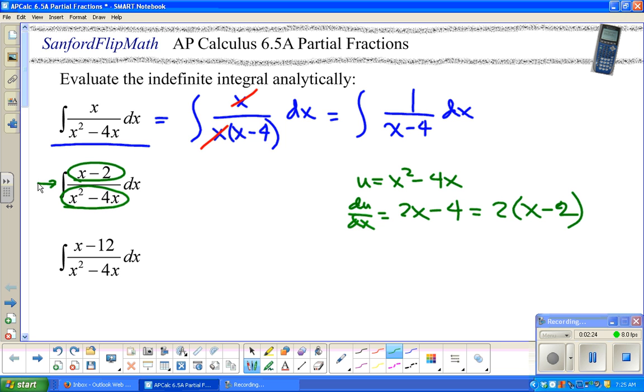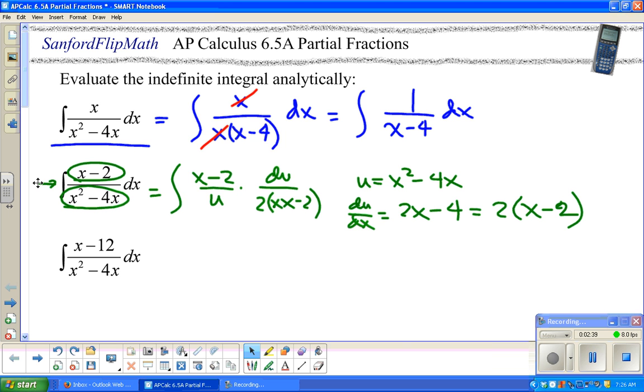So what we have here is a situation where we have 1 over u, or x minus 2 over u times du over... whoop, that was kind of funny, there's an extra x in there, sorry about that. Just kind of get that out of there.